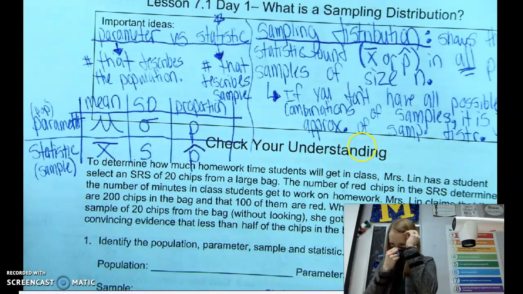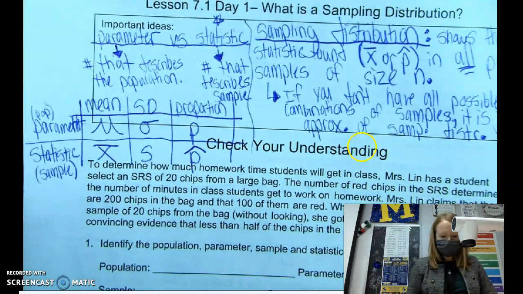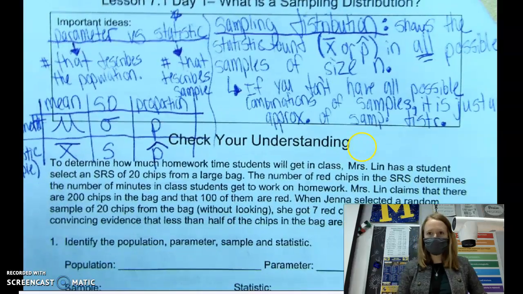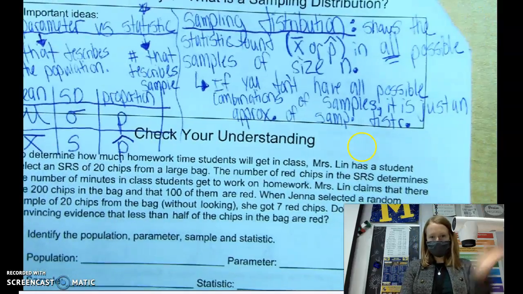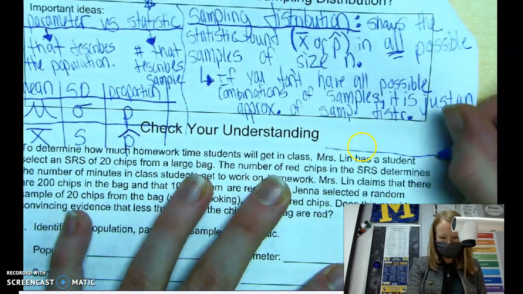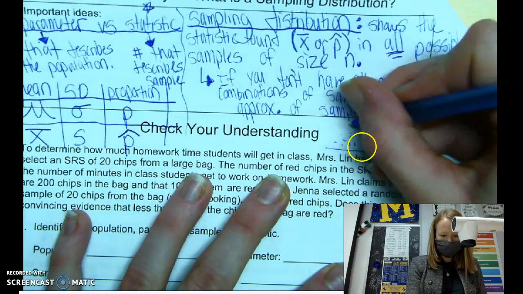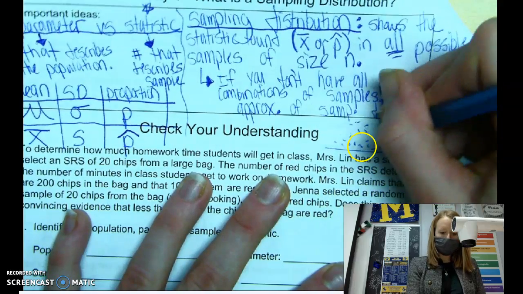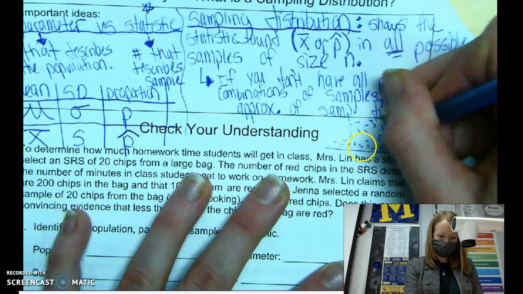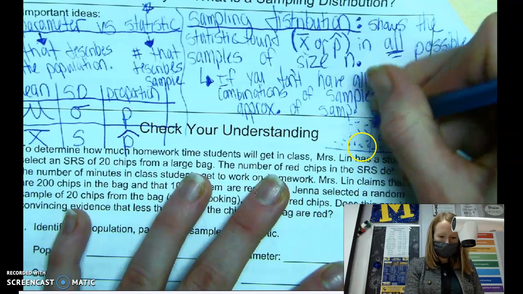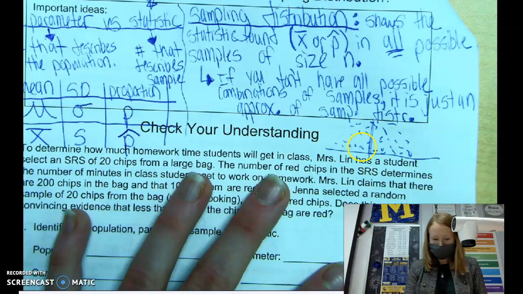So if you were to draw a sampling distribution, right, remember that's when you have your number line, you can have your dot plot. Most of the time, sampling distributions have a lot of dots, right? And usually they're centered in the right spot.